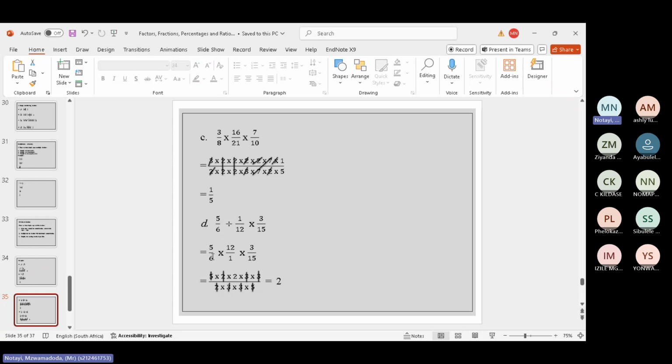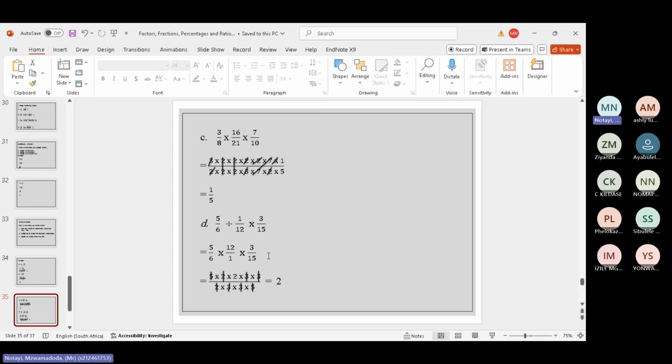We have 5 divided by 6. Because the rule says the second fraction that is dividing has to be inverted, that is turned around, we turn it to 12 divided by 1, and change the division sign to multiplication. So we get 5 divided by 6 multiplied by 12 divided by 1 multiplied by 3 divided by 15.